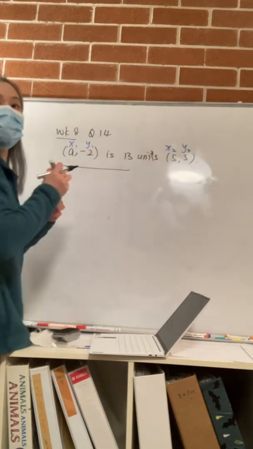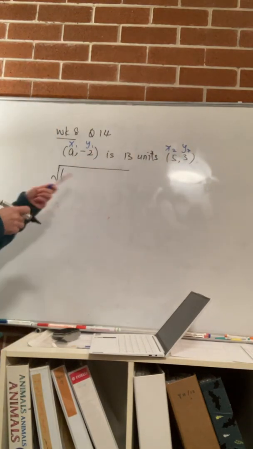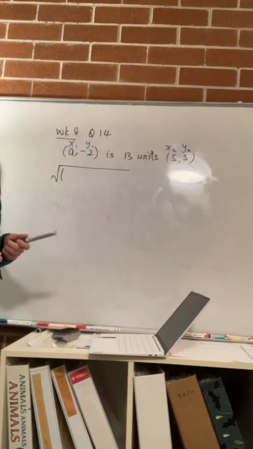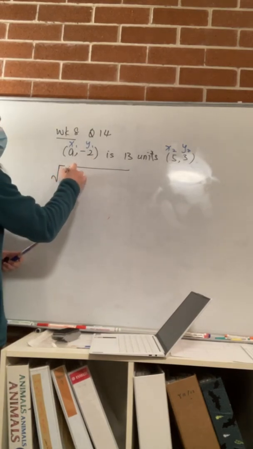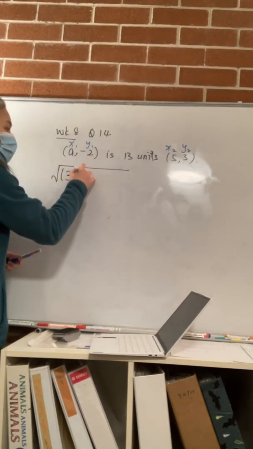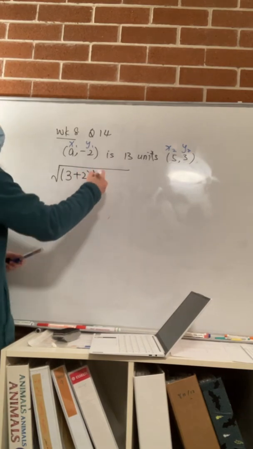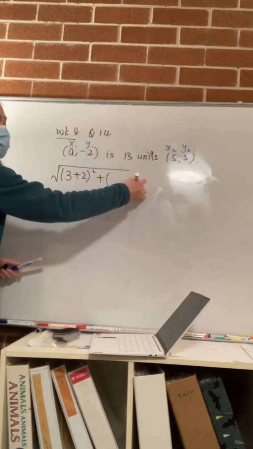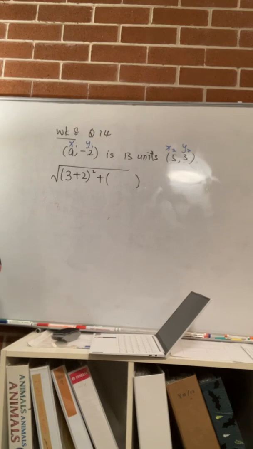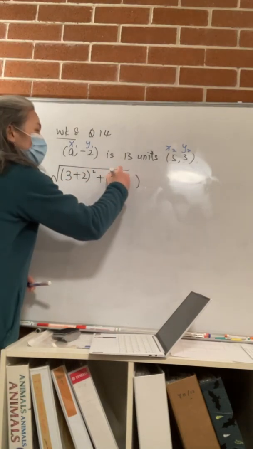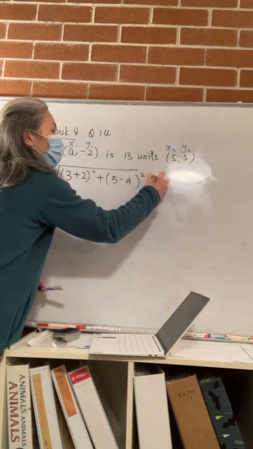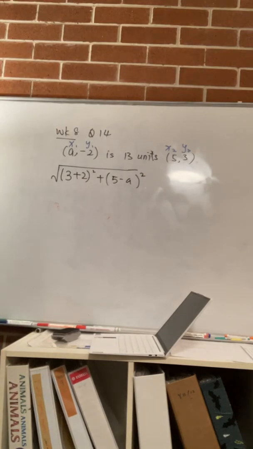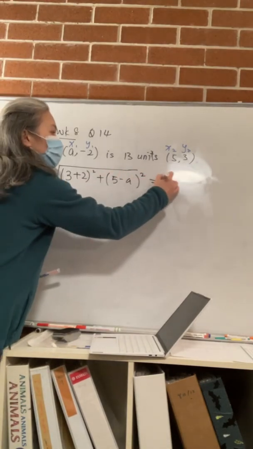So I'm going to use the distance formula because I know it is 13. So let's put it in. You have y2 minus y1 become a plus 2 squared. And then what do I write in here? 5 minus a, squared. 5 minus a and square, then equal to 13.